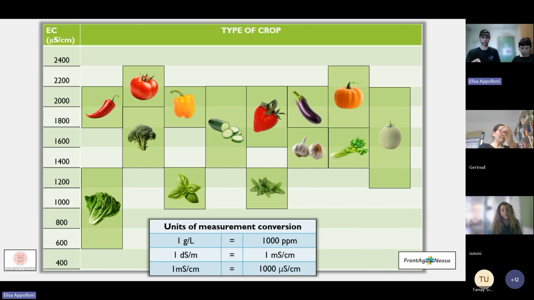Another important unit of measurement, which is the main unit used by the electroconductivity meter, is the decisiemens per meter, or the millisiemens per centimeter, or the microsiemens per centimeter. You can see that 1 decisiemens per meter corresponds to 1 millisiemens per centimeter. Meanwhile, 1 millisiemens per centimeter corresponds to 1000 microsiemens per centimeter. This is very important.